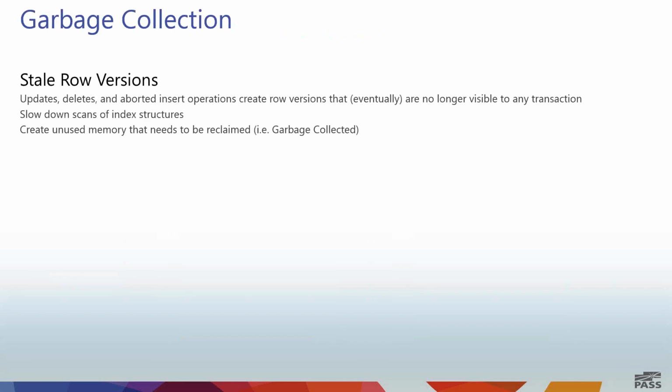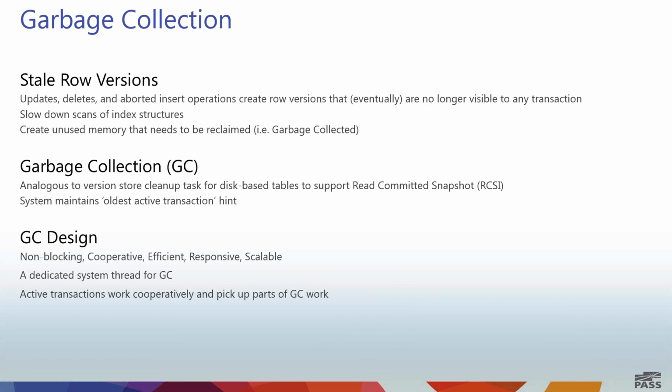Garbage collection, I actually don't want to go into a lot of detail about this for time purposes, but just to give you a brief glimpse: what we do is we clean up old row versions that are no longer necessary, and for that we have a garbage collection process that runs continuously in the system. There are two aspects here to keep in mind.